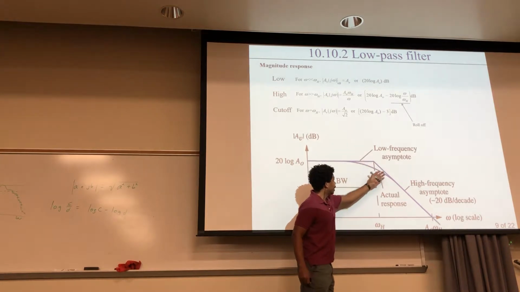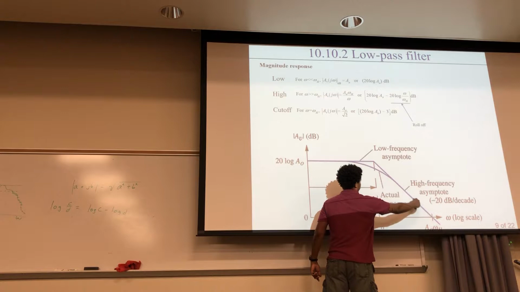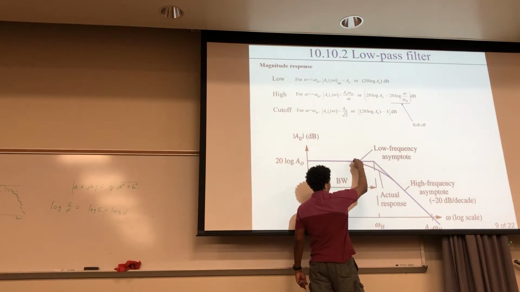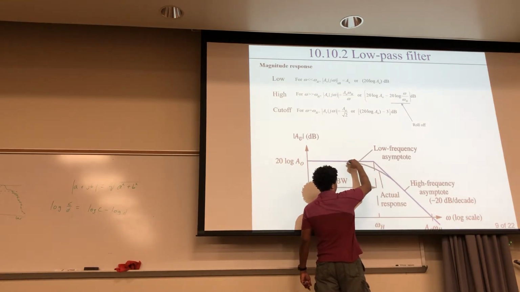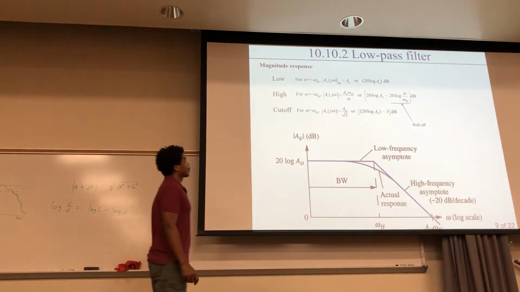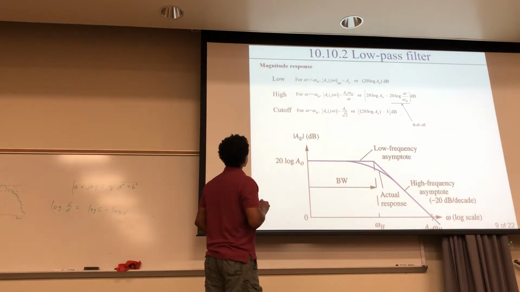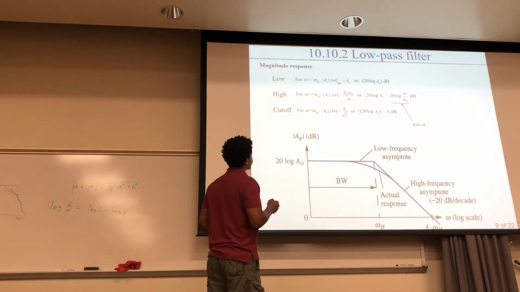You plot it like this when you do it with your pencil, but the actual curvature, it actually curves right there. It's not really a sharp reflection point right there.